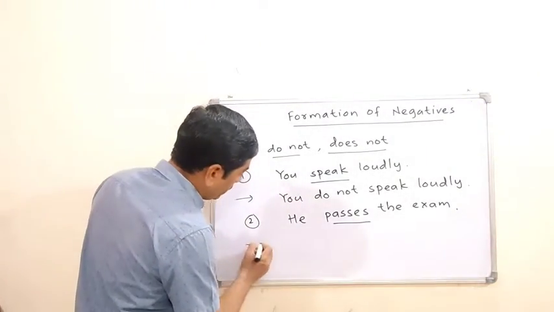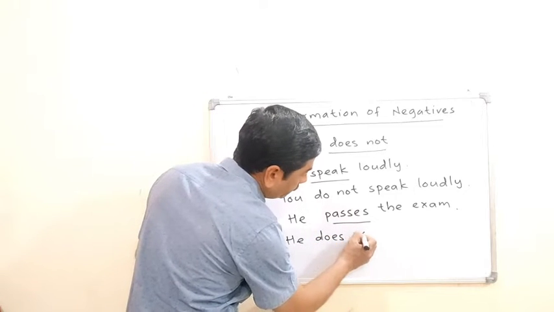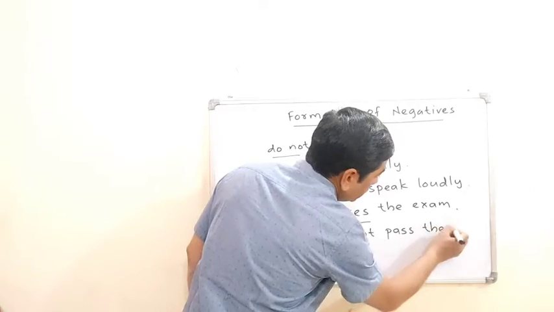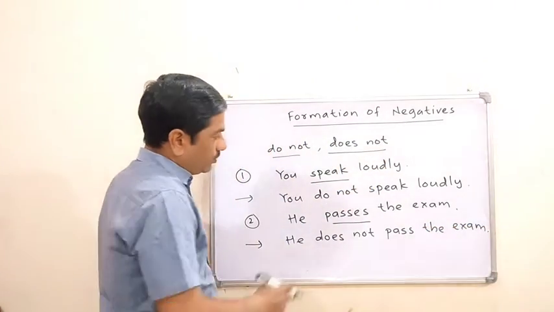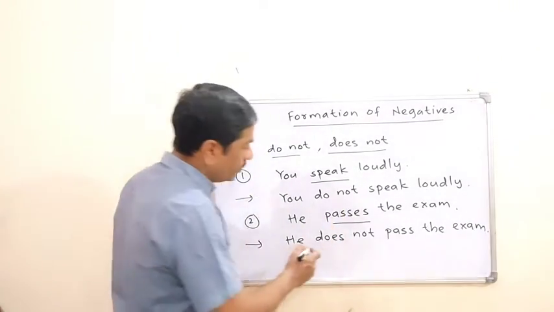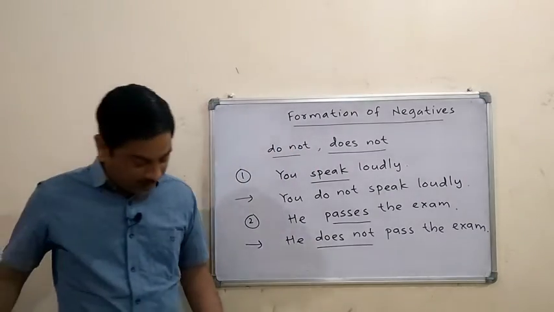He does not pass the exam. So when there is an s form of the verb in the sentence, you have to make use of does not. We will take a few more sentences so that you will understand better.